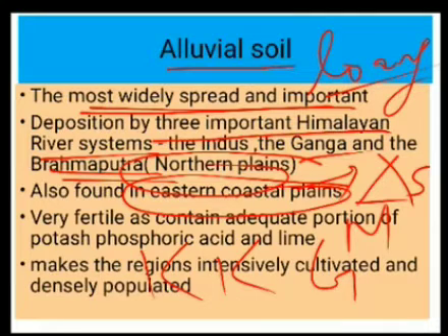So the whole northern plains are made up of the deposition by these three important Himalayan rivers. Plus, why is it found in the eastern coastal plains? Especially because of the deltas of the Mahanadi, Godavari, Krishna, and Kaveri rivers. Okay, now one more thing.